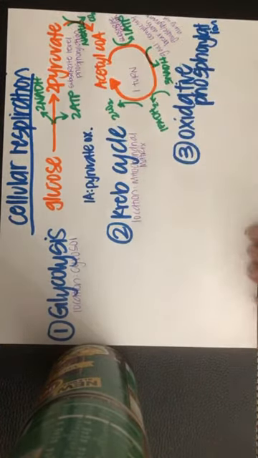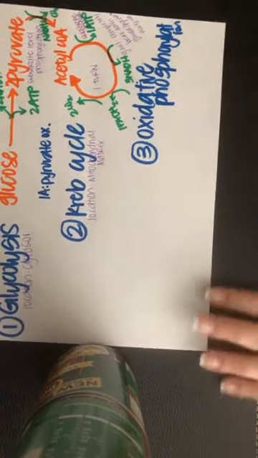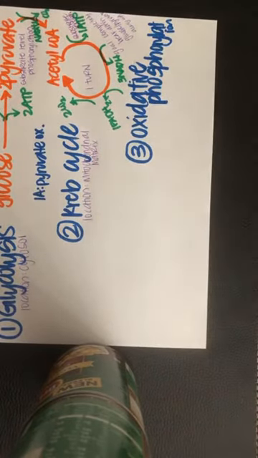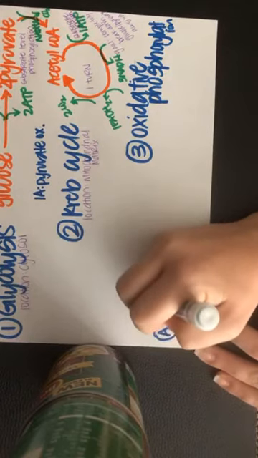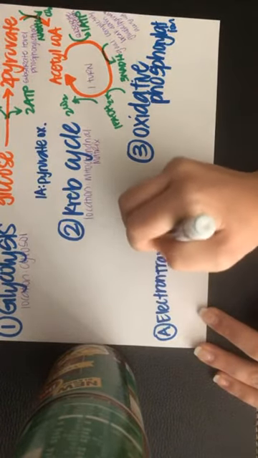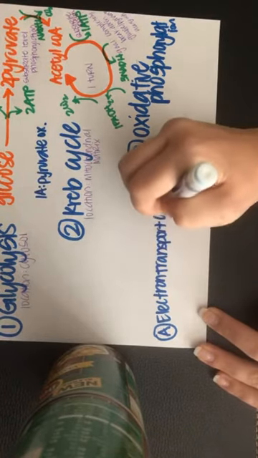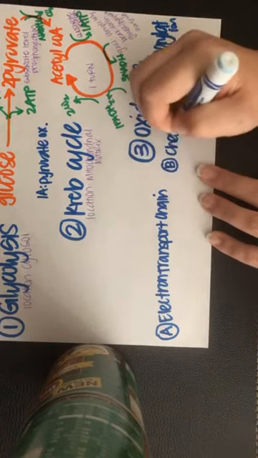Okay. So moving on to our oxidative phosphorylation. So oxidative phosphorylation has 2 parts to it. The first part is going to be the electron transport chain. And the second part is something called chemiosmosis.